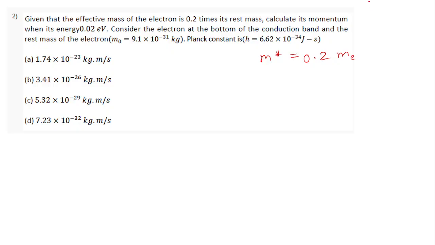Either we represent it using m naught or m, it's okay. Calculate its momentum when its energy is 0.02 electron volt.